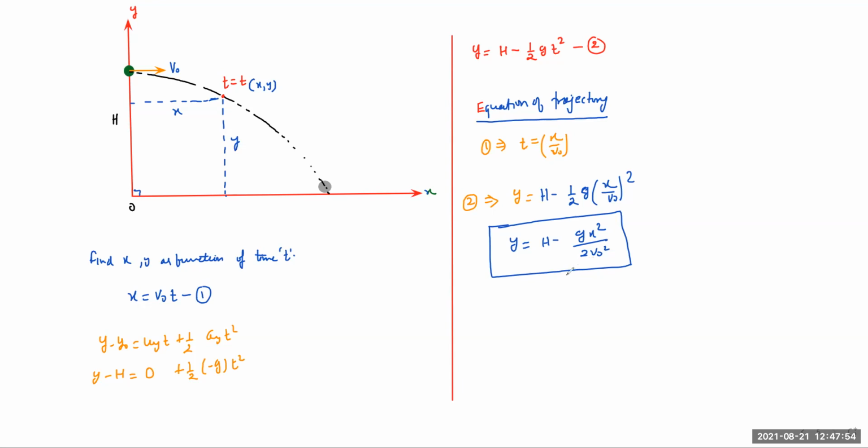Minus. So it is an inverted parabola, and if you look on the left, actually this is the actual mathematical parabola, but because we are taking only positive value of x, we have to discard this graph. So what you get is this graph. And h is representing the height of the vertex.